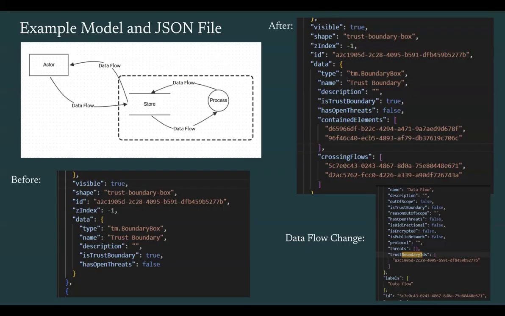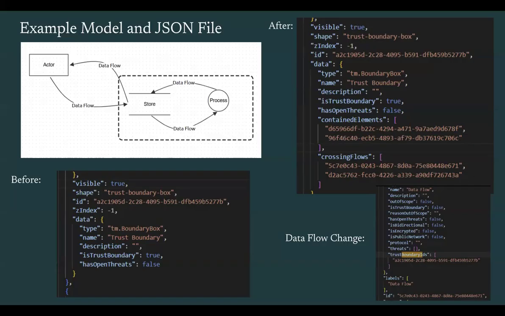Before, the JSON file would have for the trust boundary just the ID, the type that's a box, and then just some basic booleans. But now after what we added, we have an array for the contained elements within the trust boundary box, and you see it has two element IDs here, which correspond to the store and the process in the picture. And then we also have the crossing flows of the boundary box, which are the two data flows that go from the store to the actor.